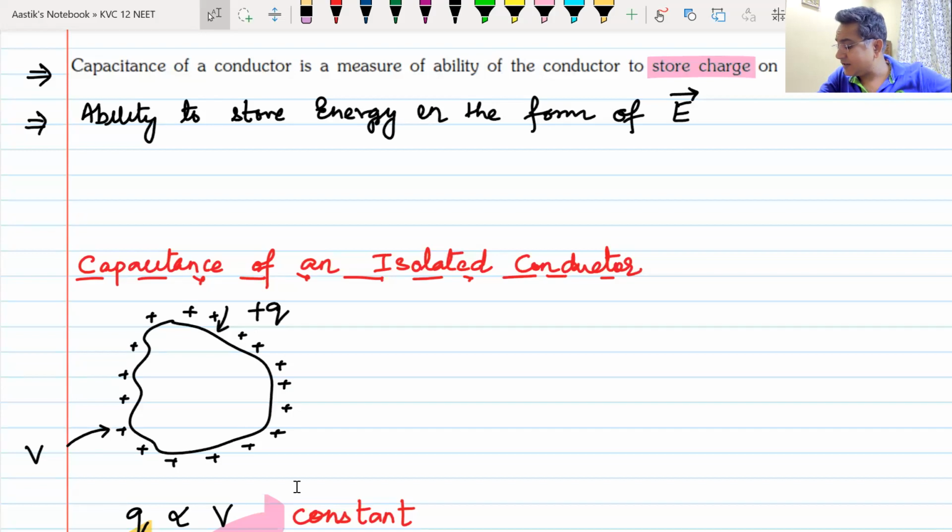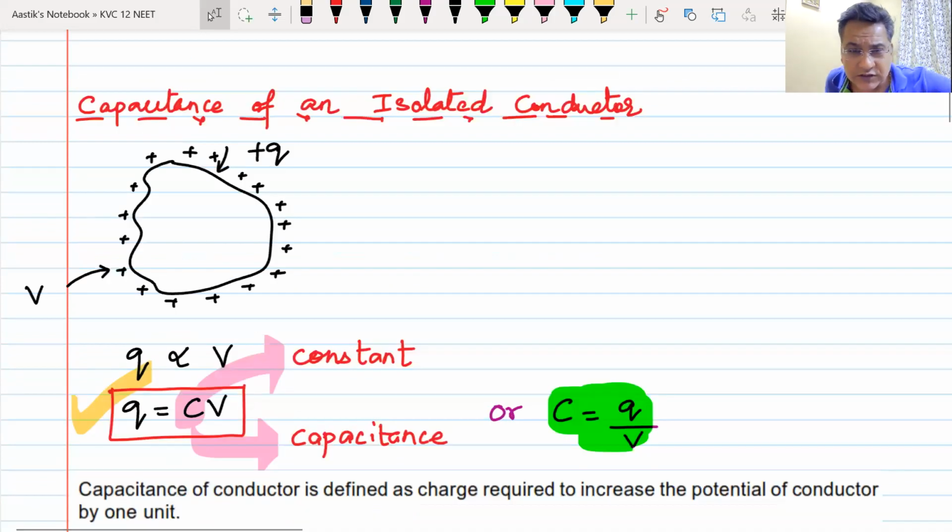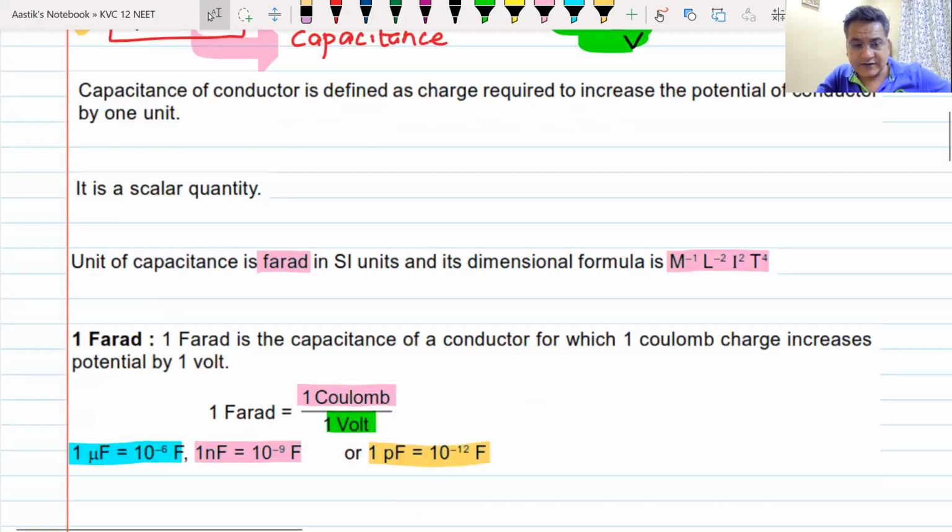We had seen that the charge Q on the conductor is directly proportional to the potential. Q is equal to CV. This constant C is known as the capacitance of a conductor. Its SI unit is farad, and it is a scalar quantity.